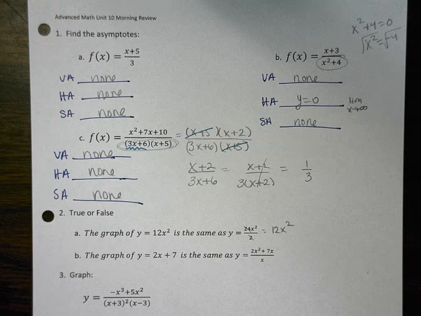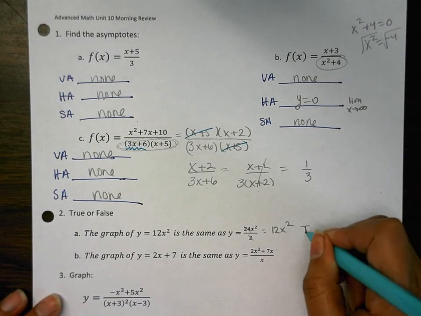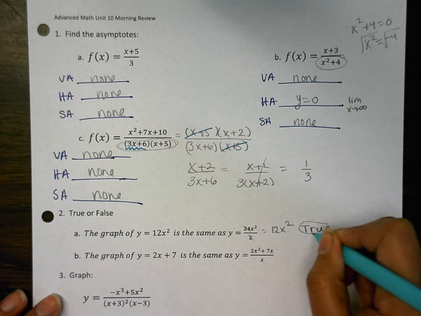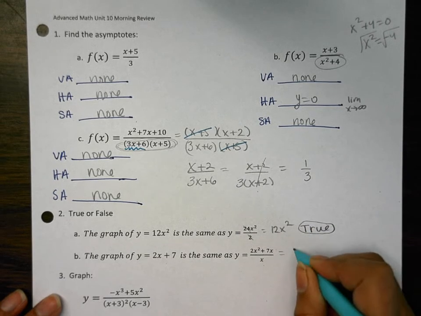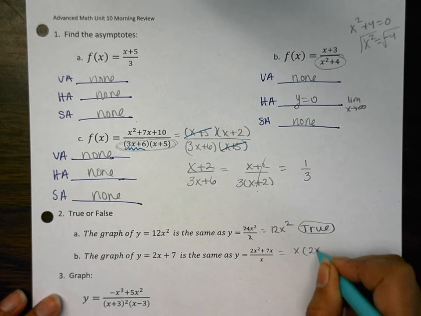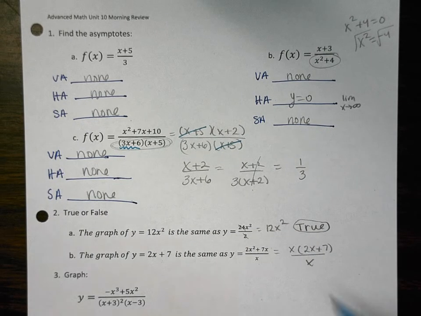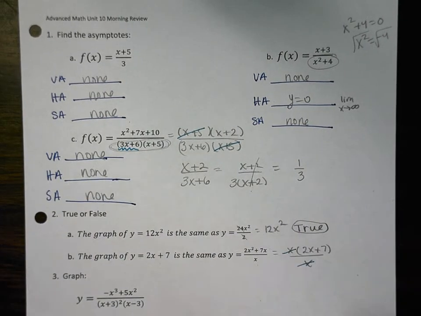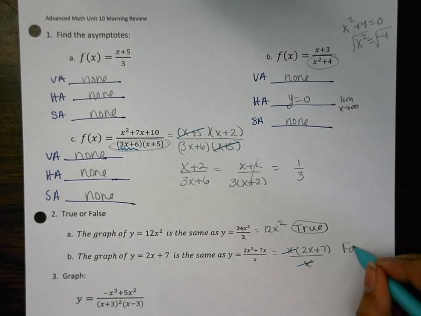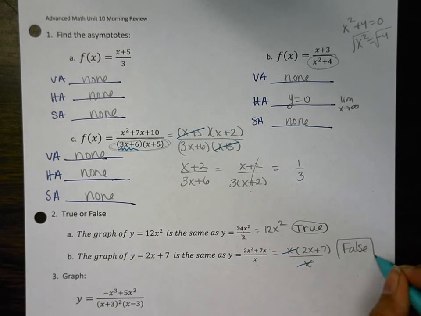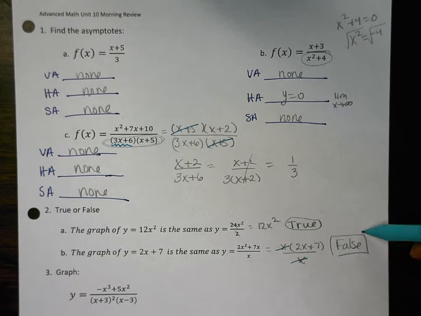And what is 24 divided by 2? 12x squared. So is that true? Yes. On the next one, can I reduce an x or factor out an x and then reduce? So is this one true? This one is not. Does anybody know why?